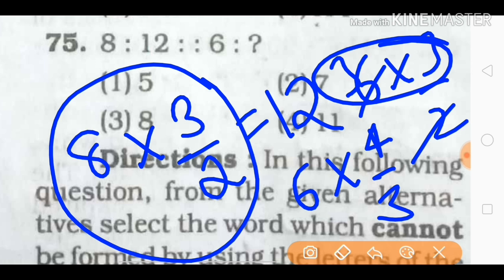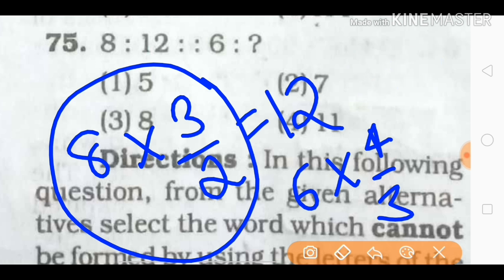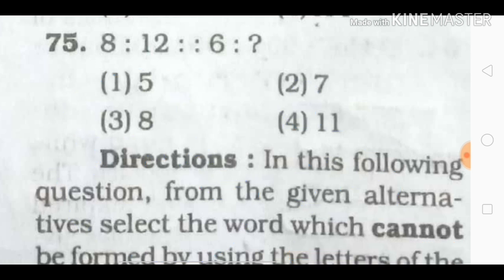No, but the answer is 8, right? So that's why I'm saying sometimes reasoning is a subject where the logic matters, but an exception is always there, right? So let me do it once again.